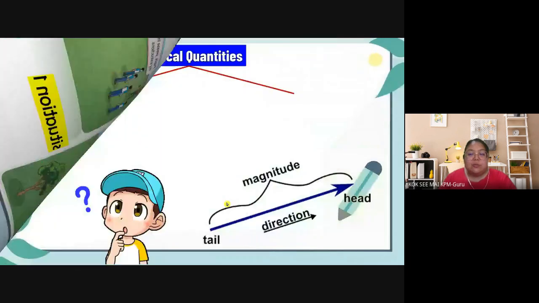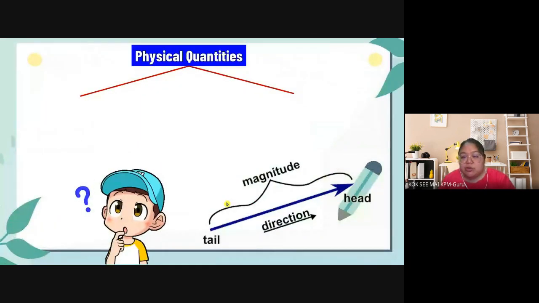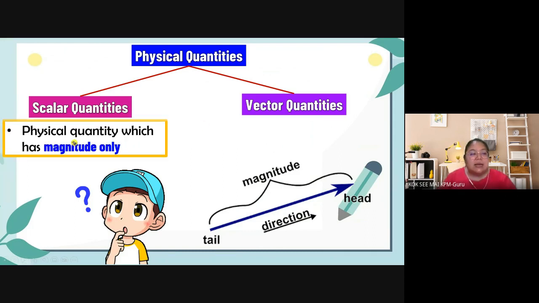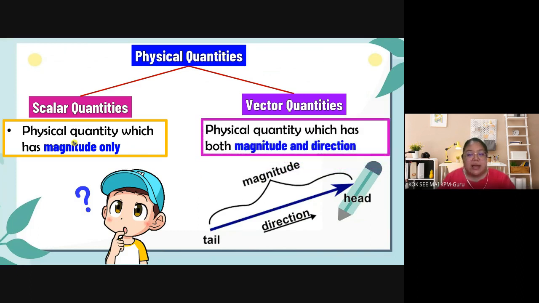So from these two situations, I need to introduce two more physical quantities. First one we call scalar quantities. Another one is vector quantities. Scalar is a quantity with only magnitude, like the teacher's instruction just now, run 50 meters, just magnitude, 50, without saying where to go. But vector quantities have magnitude and direction.